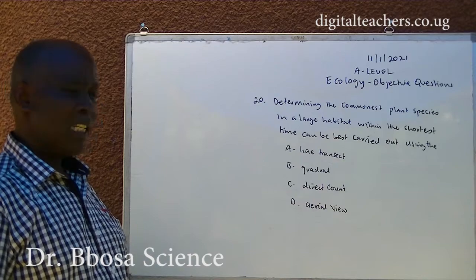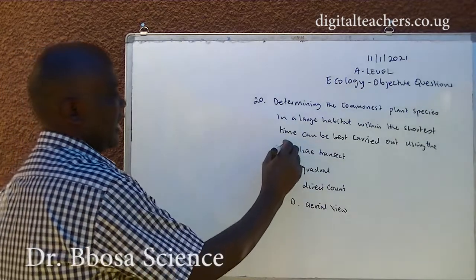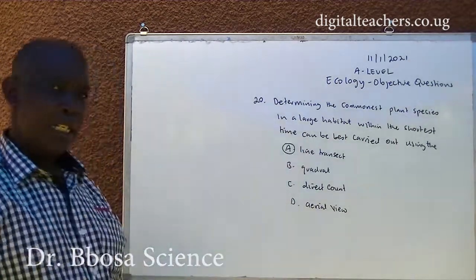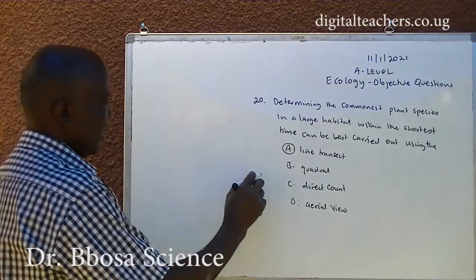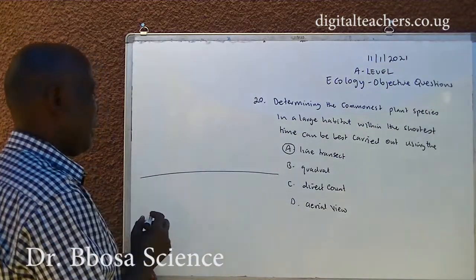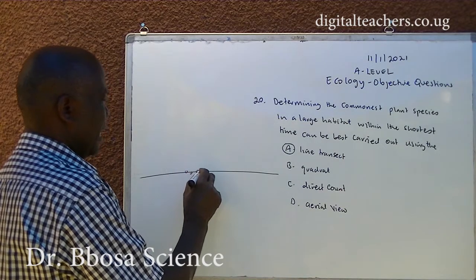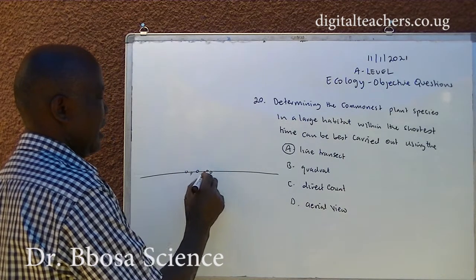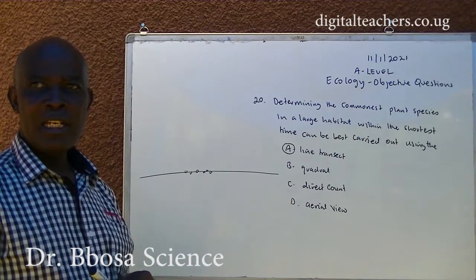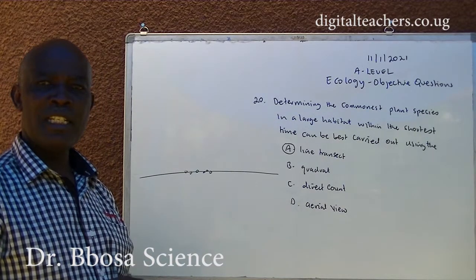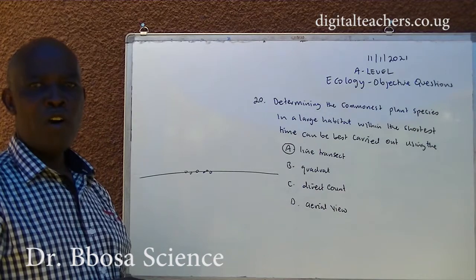You can pause and answer. The answer is A. In line transect, a line is drawn through the habitat. All plants touching the line are counted. Then the most common species can be found.